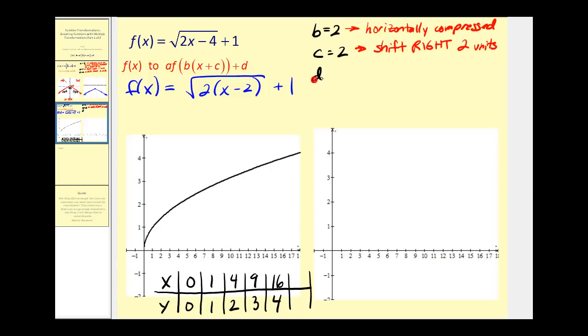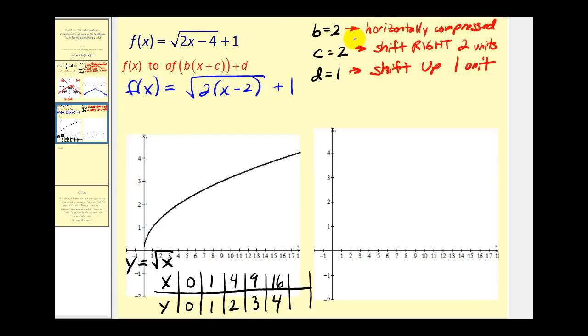And d is equal to 1, which means we'll shift the graph up 1 unit. Next thing, we have to recognize that our parent function is going to be y equals the square root of x. I've already completed a t-table for this function to save us some time.